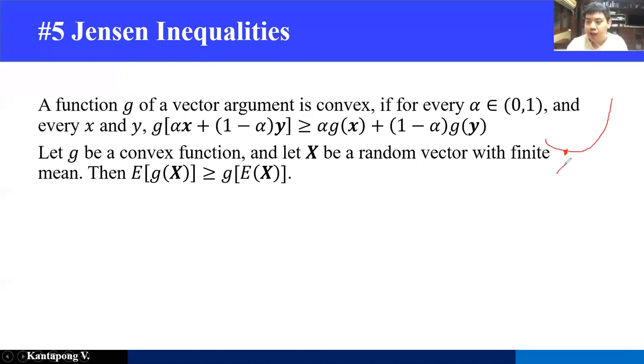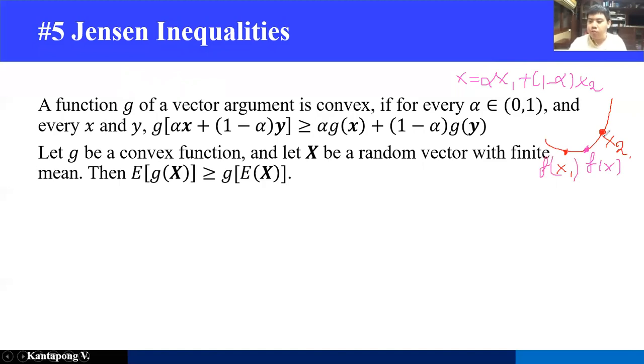So it's x1 and x2. Then you take the average. So let's define x equals alpha x1 plus 1 minus alpha x2. So f of x is going to be something like this, right?